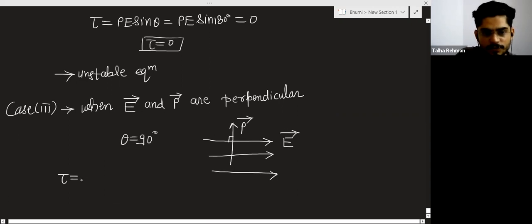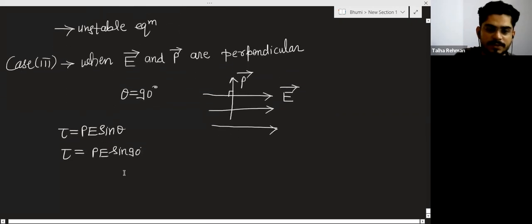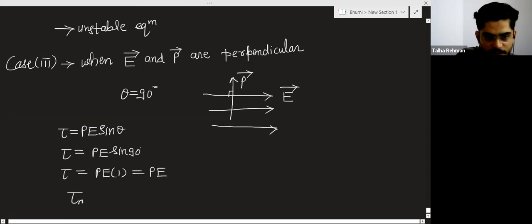90 degree, and when you calculate torque, PE sine theta, then torque will be PE sine 90, and sine 90 is equal to 1. This will become PE, and this PE is the maximum torque generated by the dipole.